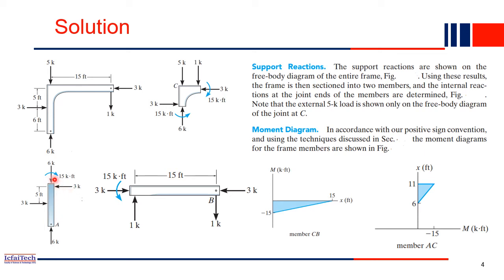So at this support it will generate the opposite, that is 15K, anti-clockwise. So now this is the 15K. This free body diagram is in equilibrium, meaning all the horizontal forces equal 0, all the vertical forces equal 0, and the summation of all the moments also equals 0.